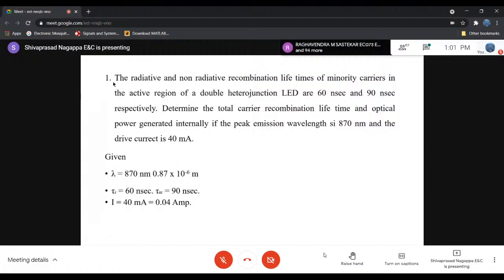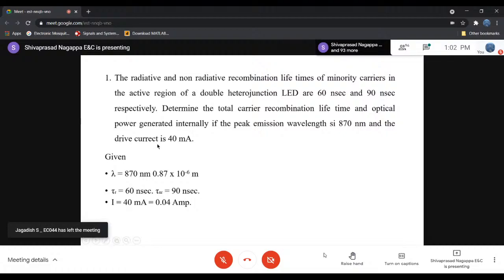It's given lambda is 870 nanometer, the peak emission wavelength. The radiative recombination lifetime tau r is 60 nanoseconds, and the non-radiative recombination lifetime tau nr is 90 nanoseconds.